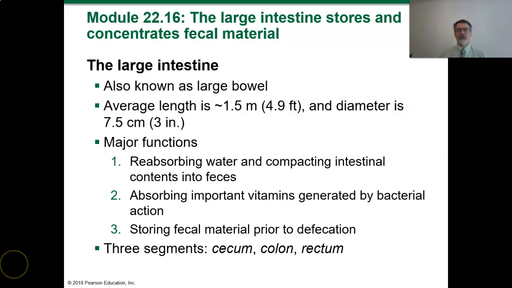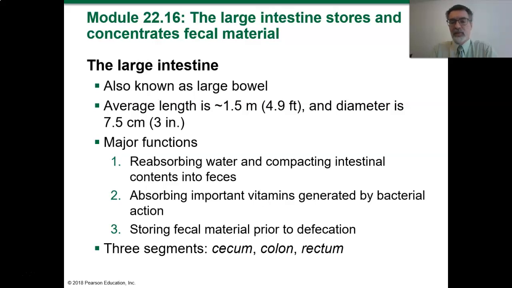Right? Major function is the reabsorption of the last bit of water in our food. Not all the water, but the last remaining available water, because if we absorb all the water out of our food and create something that's too dry, it'd be hard to pass that through bowel movements. But it's important for reabsorbing the water that is not being absorbed by the small intestines.